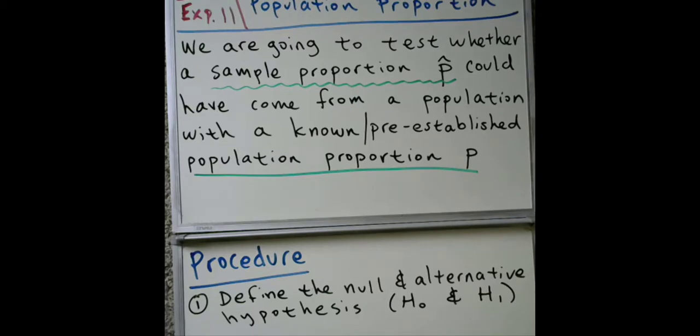So the first step is to define the null and alternative hypothesis. This is usually represented with H0 and H1. Sometimes it's HA, so just be prepared to see both versions there. And that is where you say, like, the population proportion equals the pre-established or baseline number in the null hypothesis.